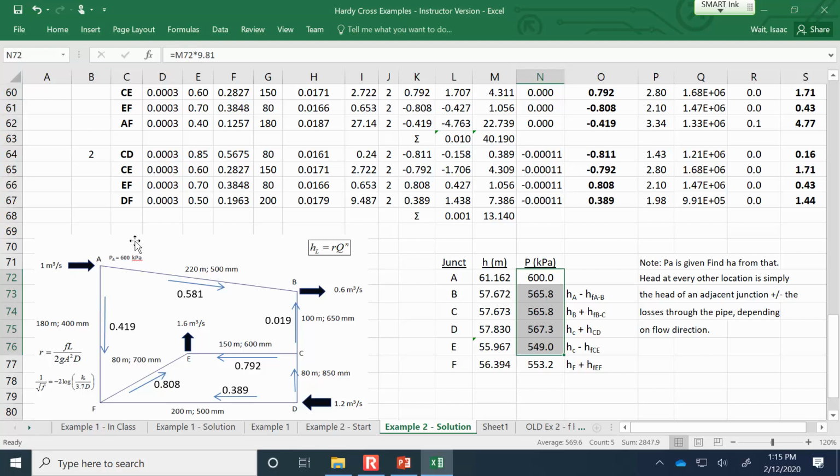If we just assume that velocity head is negligible, and that all of these are on the same elevation, then all of the head is going to come from the pressure. And so it's just going to be the 600 kPa divided by the unit weight.